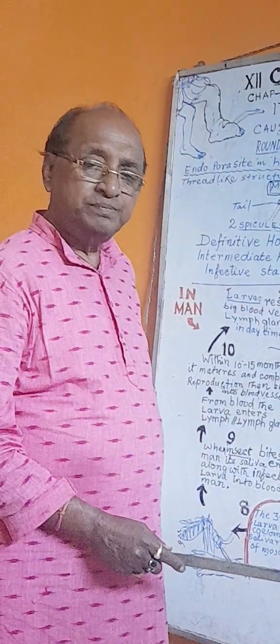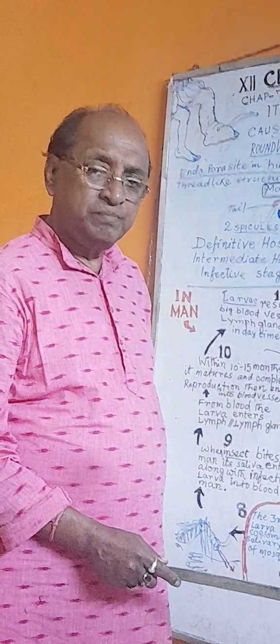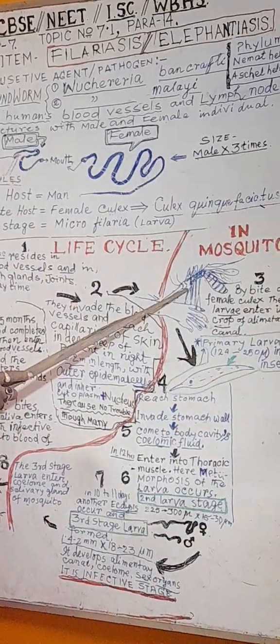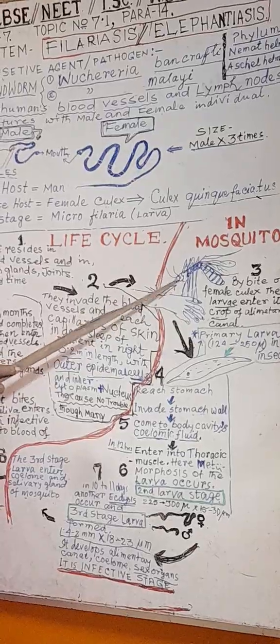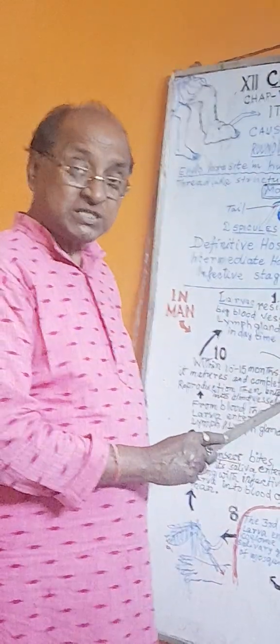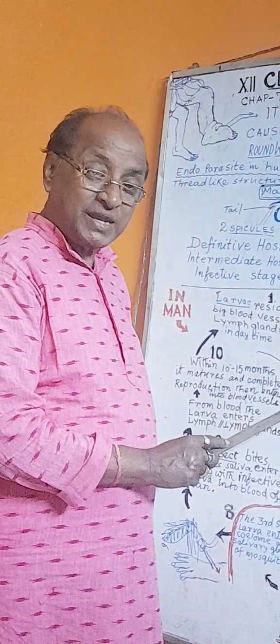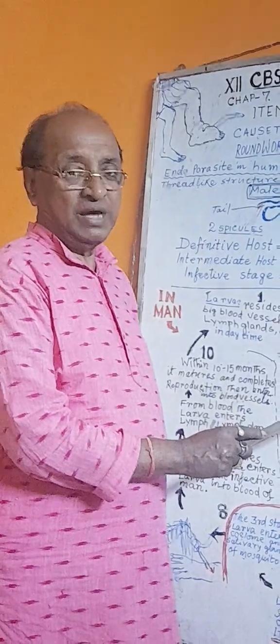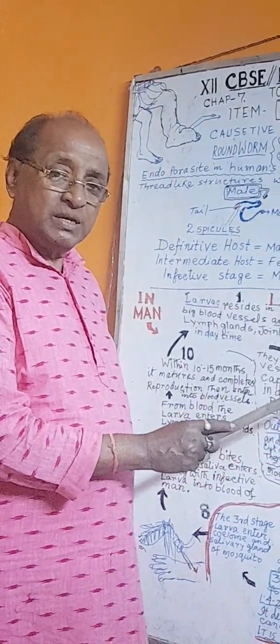But in the NCERT book it says that they take blood nutrition, not only for the female but for the male. Only Culex. In the case of filariasis, when we read about filaria, the female Culex acts for that sucking of the blood.